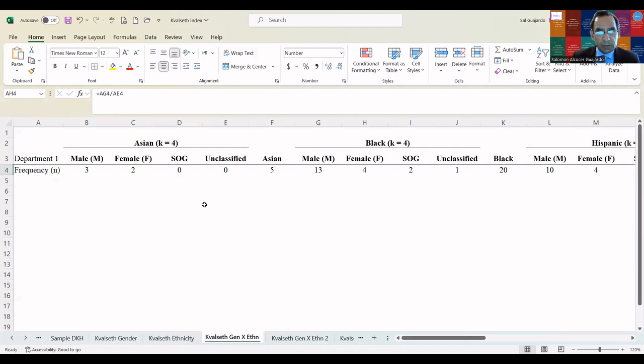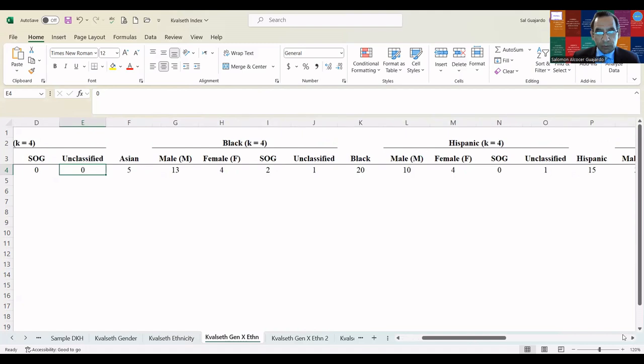So here I have the Asian workforce, which consists of 5 individuals, and those 5 individuals are then segmented by gender. So of the 5 total Asian workforce, I have 3 that are male, 2 that are female, 0 under some other gender, 0 under unclassified.